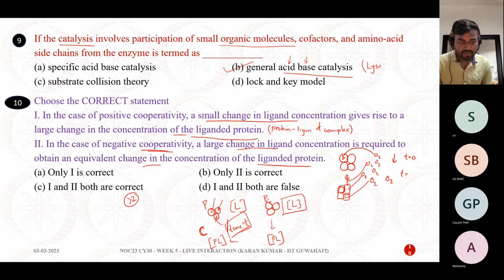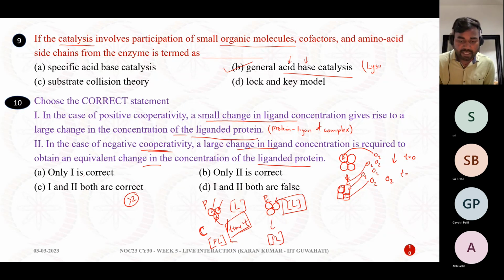Everyone understood why both the statements are correct, or any confusion? That means negative cooperativity is also there. Yes, negative cooperativity. What will it do? Negative cooperativity will stop binding of the ligand to its protein structure.